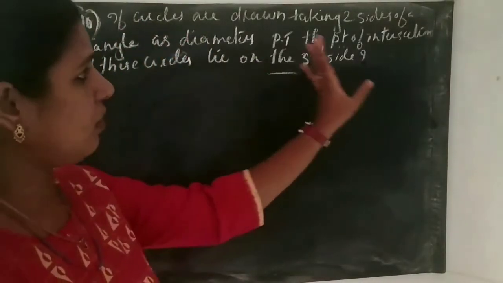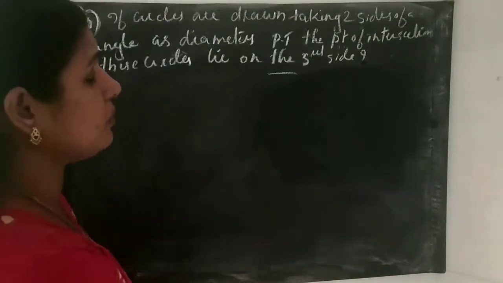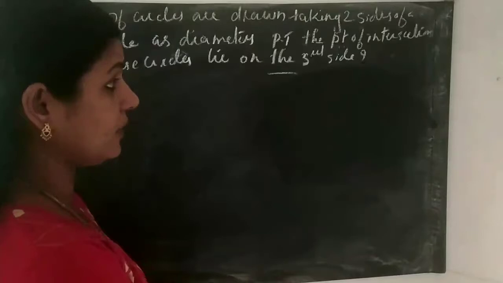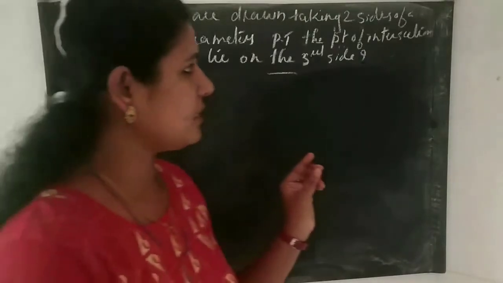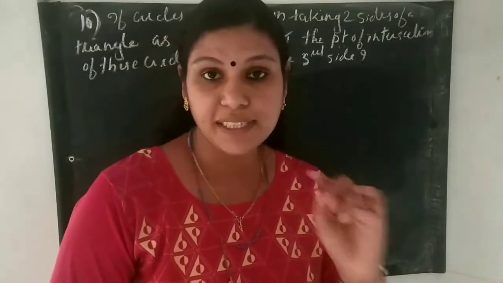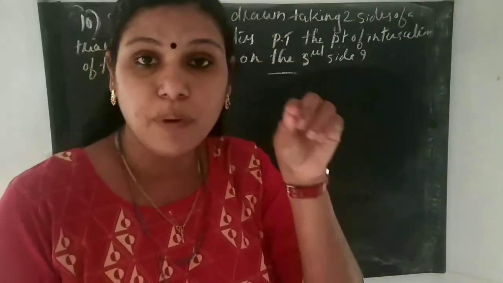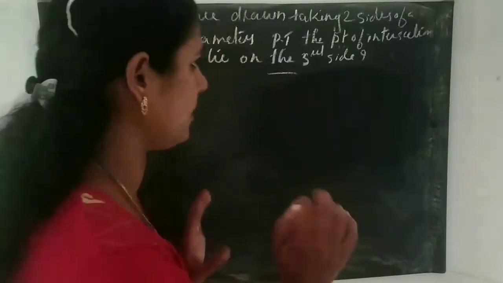Question number 10. If circles are drawn by taking two sides of a triangle as diameters, prove that the point of intersection of the circles lies on the third side. So the diameters of the circles are two sides of a triangle, the two circles intersect, and one of the intersections lies on the third side of the triangle. That is the question.